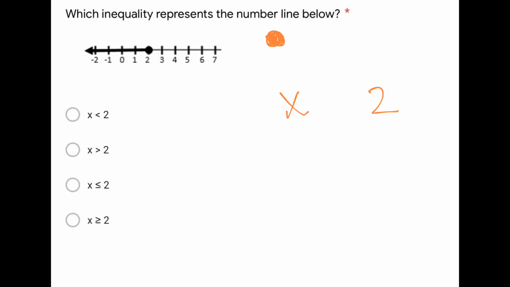You need to determine, is that greater than, greater than or equal to, less than, or less than or equal to. And we know that x is smaller. So this should help you figure out if you're going to choose less than or greater than.